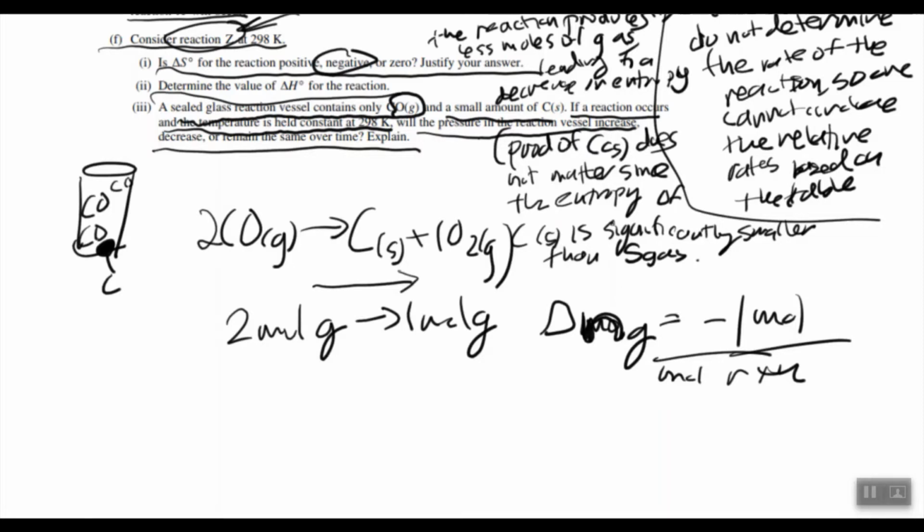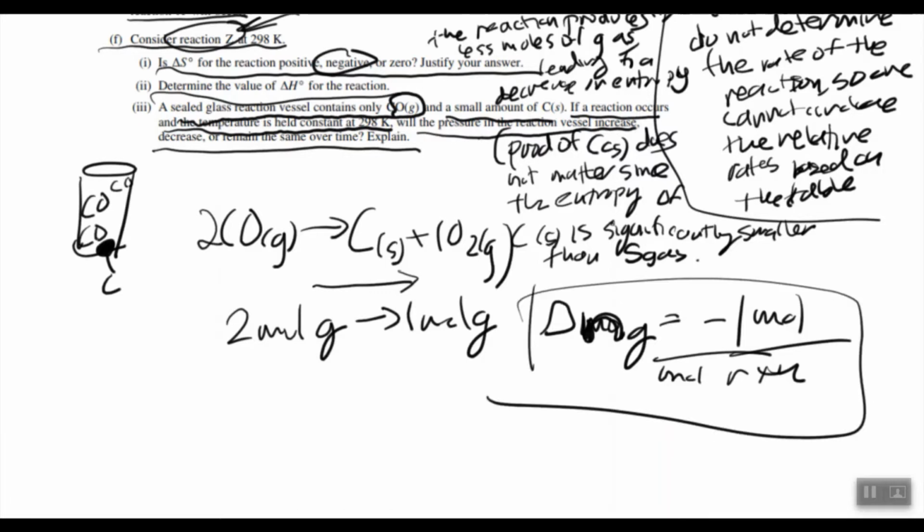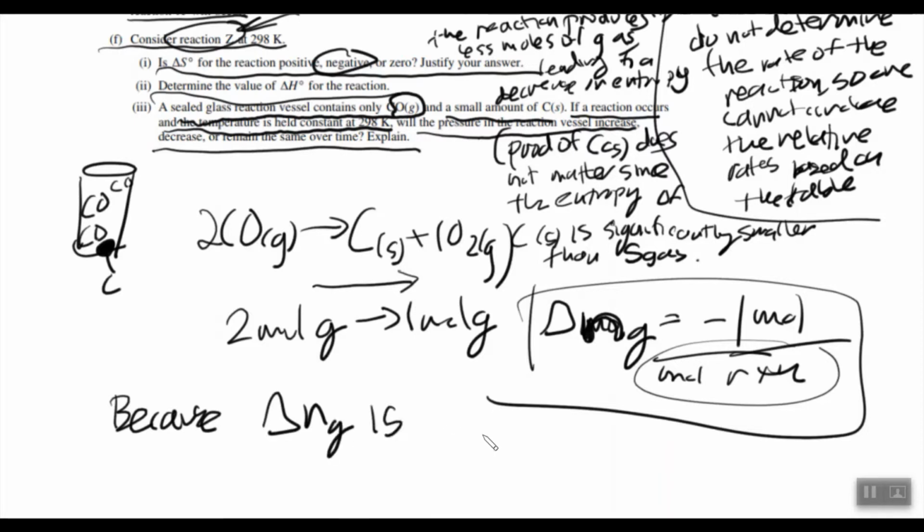And if we're producing less gas over time, the container will have less gas over time because the net change in the moles of gas is -1 moles of gas per mole of reaction. So the amount of gas in the container is decreasing over time, because delta Ng is negative.